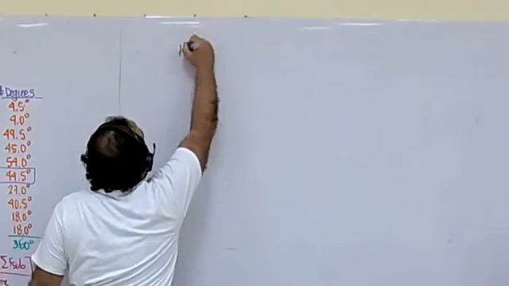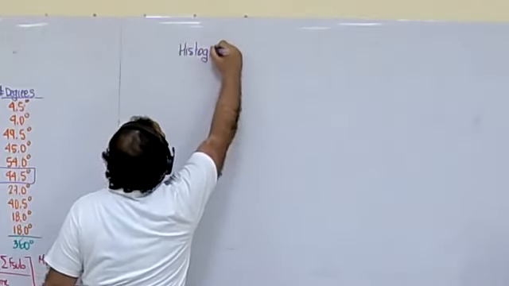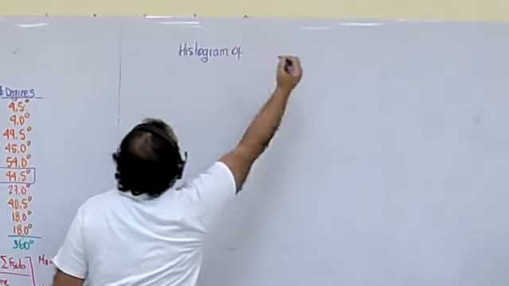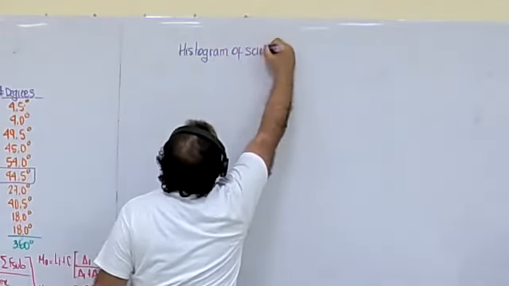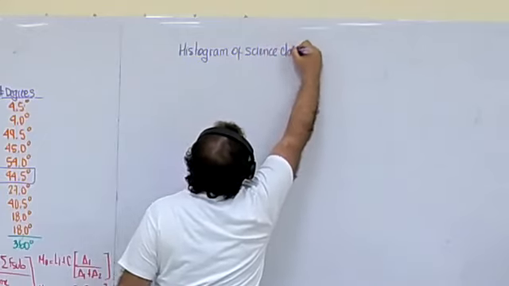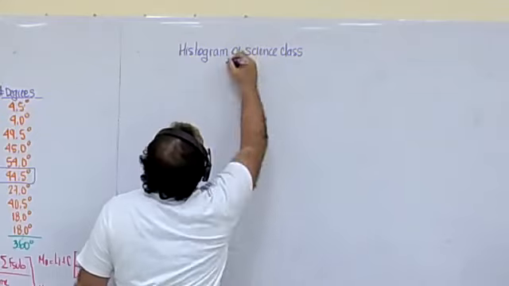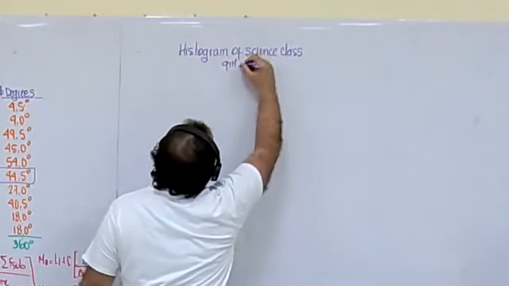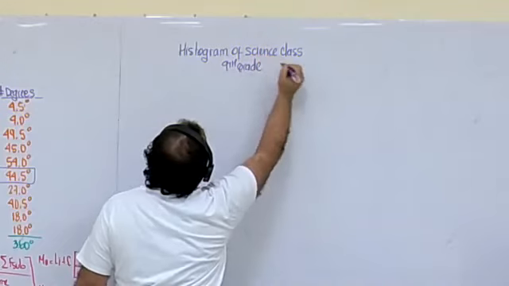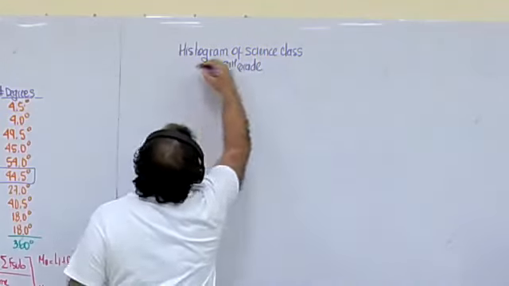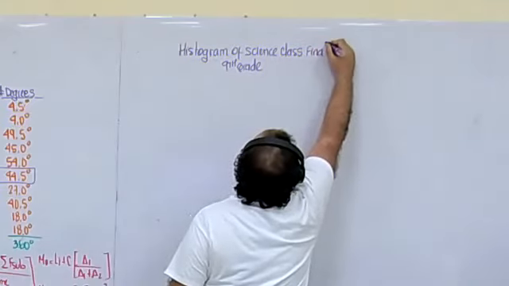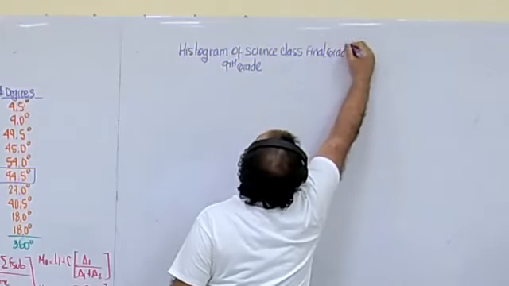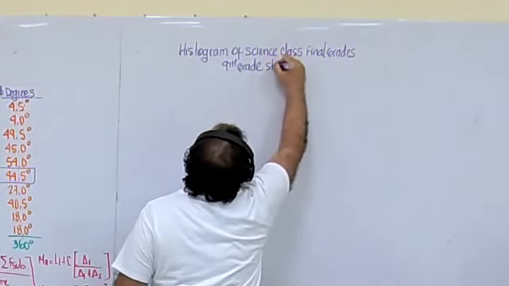Again, now I'm going to label the name: histogram of science class, ninth grade, science class, final grades, ninth grade students.